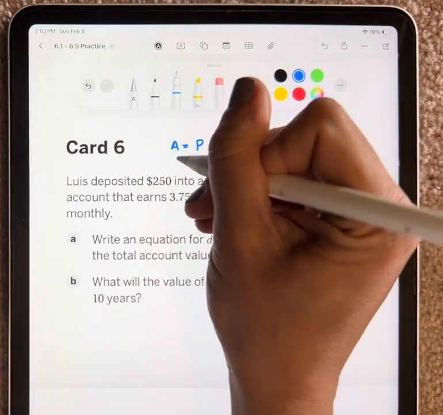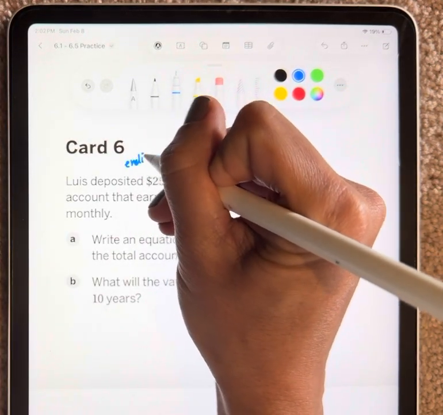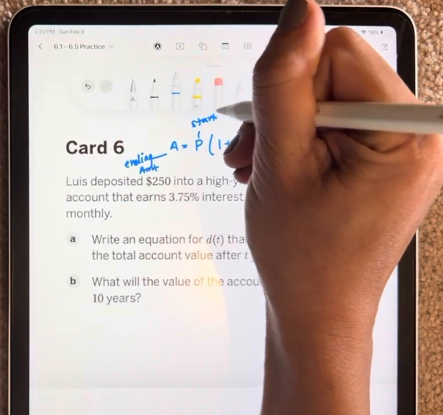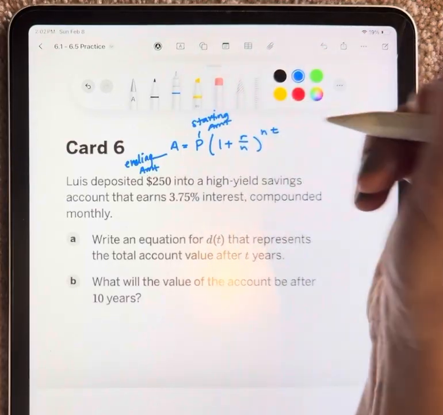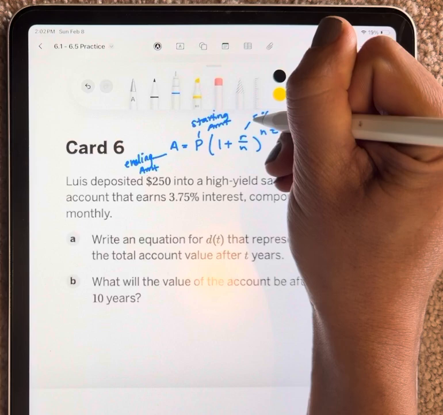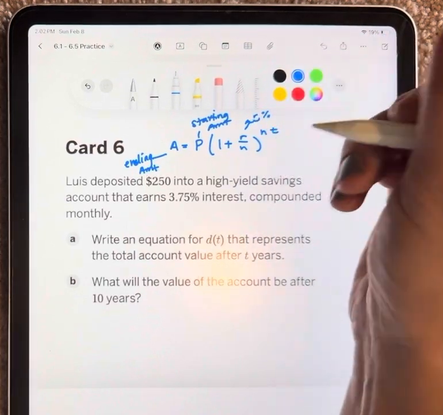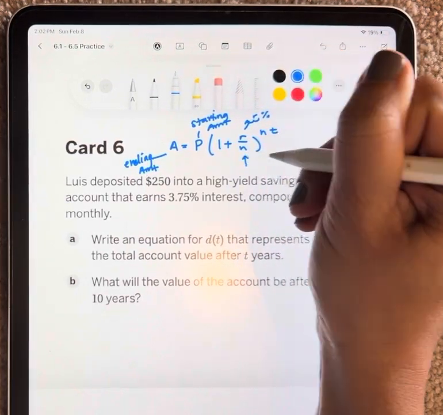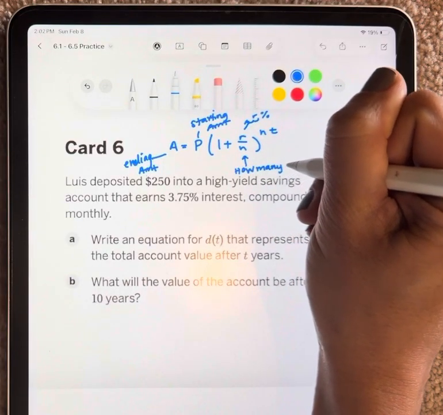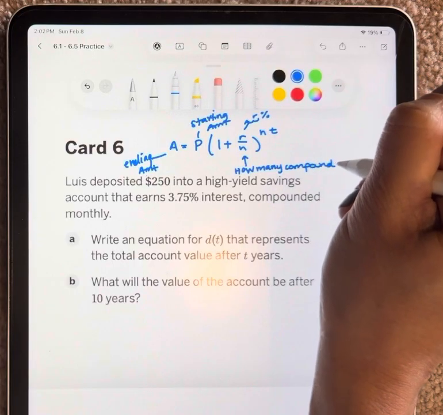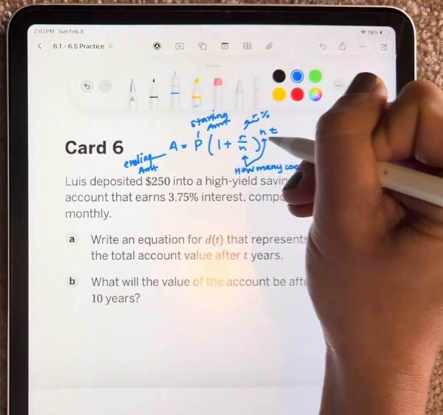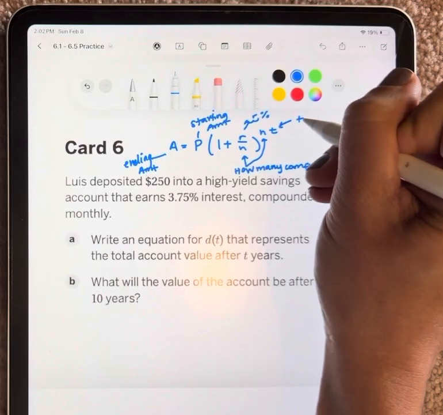Where A is our ending amount, P is our starting amount, R is our rate. It's going to be a percentage, so we got to move the decimal twice to the left. N is how many compounds in a year? That's the same N right there. And T is time. Okay.